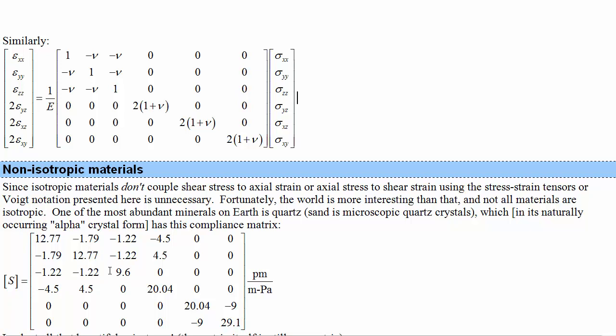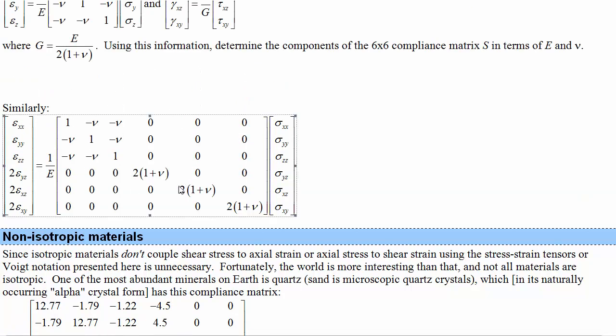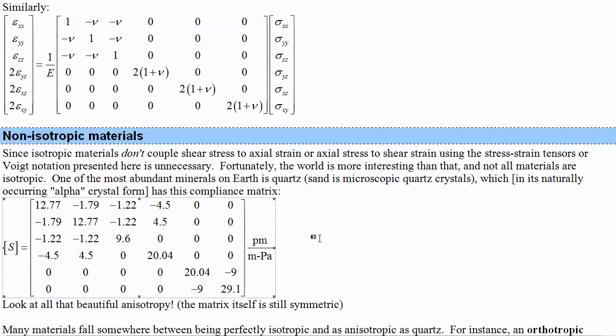These are sort of like the inverse of Young's modulus on the diagonal here, as you remember for the compliance matrix. And so you can't really say the Young's modulus for quartz because it depends on which direction you're talking about. And maybe more interesting, we've got components here. What do these do?